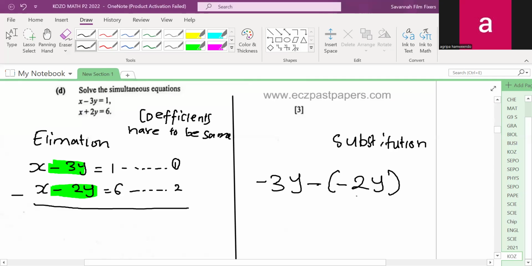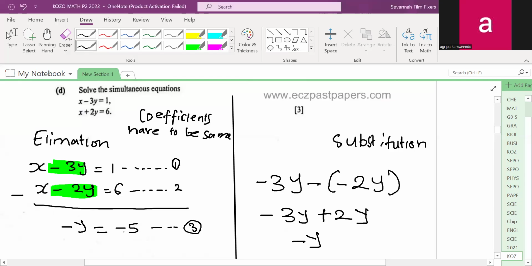I've put the sign in brackets here, because if we expand this, it will be negative 3y plus 2y, which will be negative y, exactly. So here we have minus y is equal to 1 minus 6, which is negative 5. So we've made equation 3.